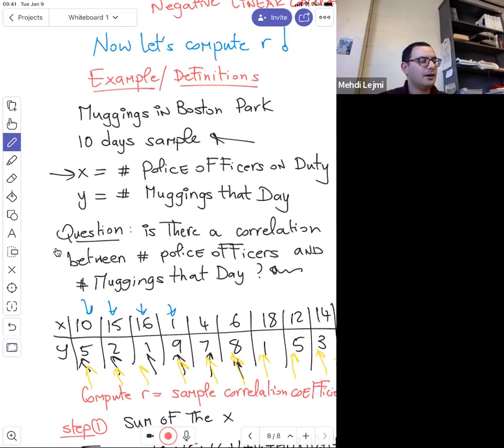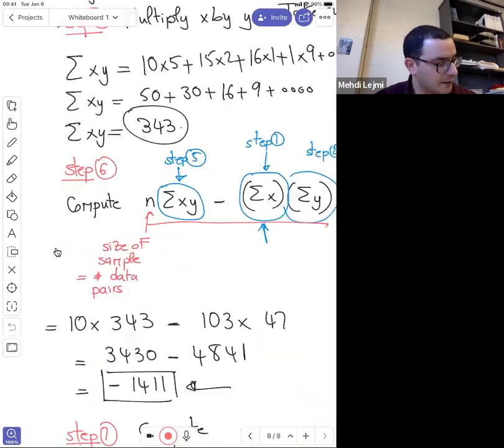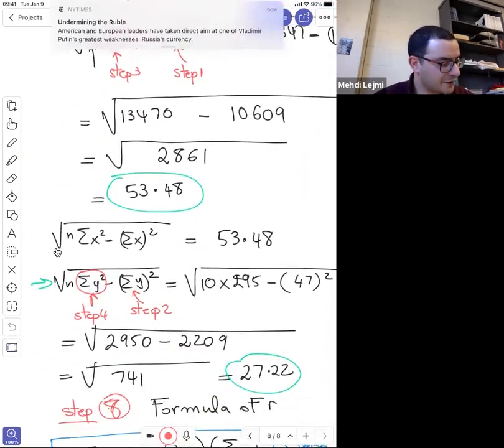Our linear correlation goes down, right? So as the number of police officers increases, Y, which is the number of muggings, decreases.